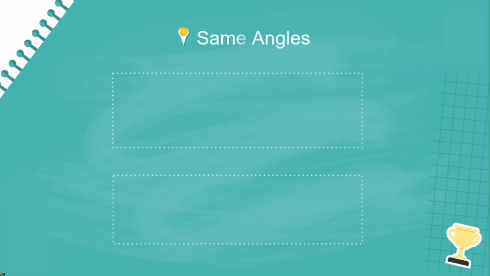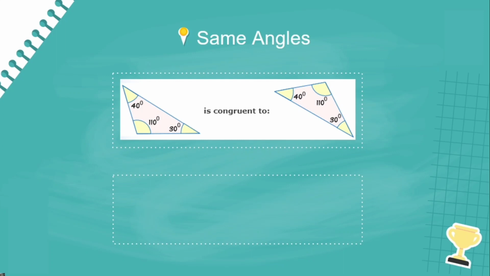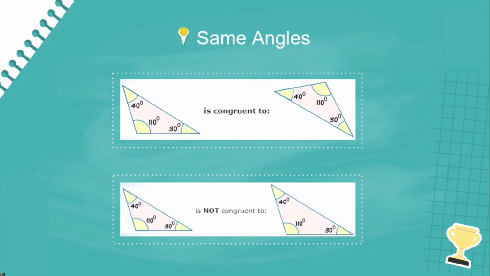How about if all three corresponding angles of two triangles are the same? Does this guarantee congruence? Not always. Two triangles with the same angles might be congruent, just like this one, but they might not be congruent because of different sizes, just like this.